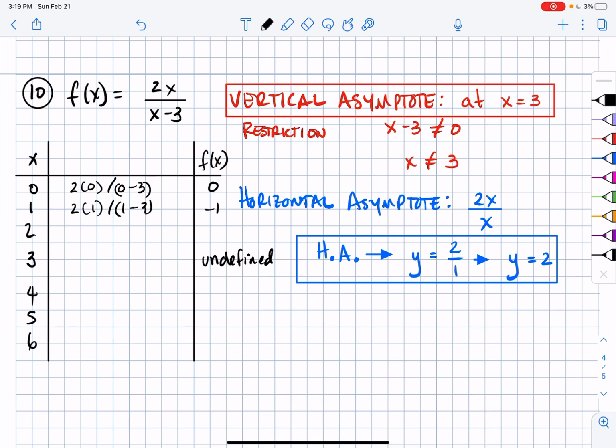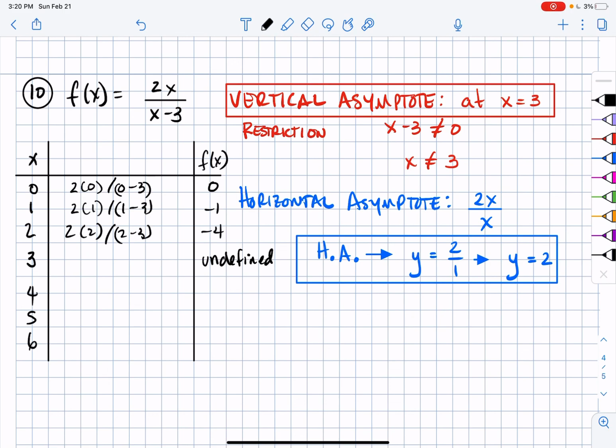If I use the 2, I got 2 times 2 over 2 minus 3, so that's 4 divided by negative 1, so I got negative 4. So it just keeps on going downward. From the left side, from 0 to 3, it's going to go down towards negative infinity.